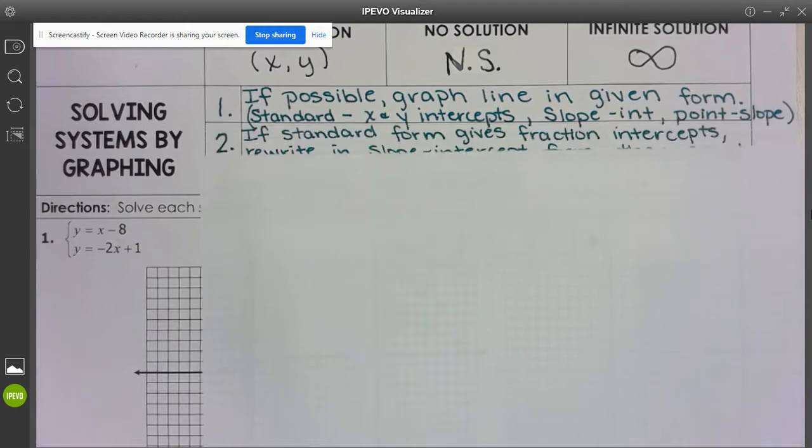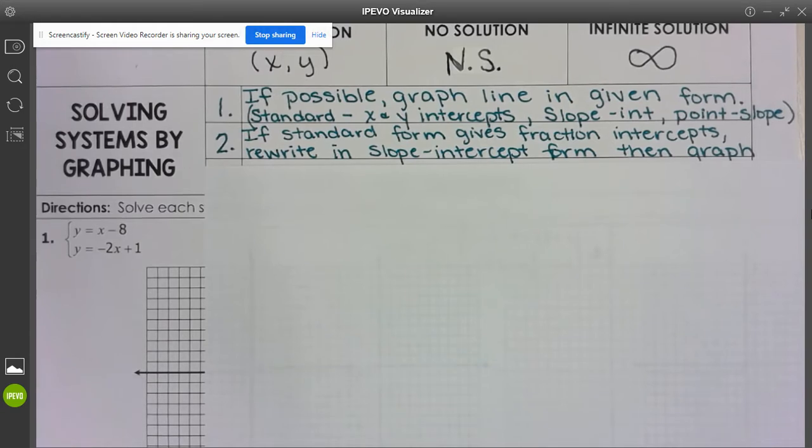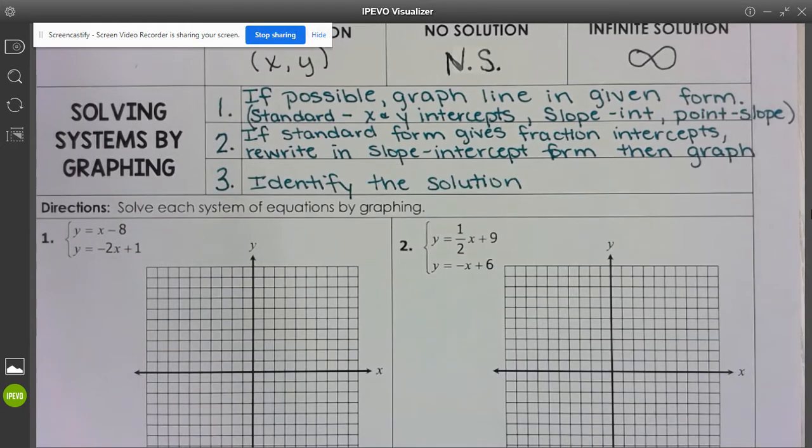If for some reason we get intercepts that are fractions from standard form, we're going to take that equation and rewrite it in slope intercept form and then graph it.